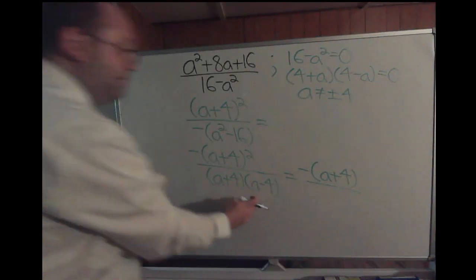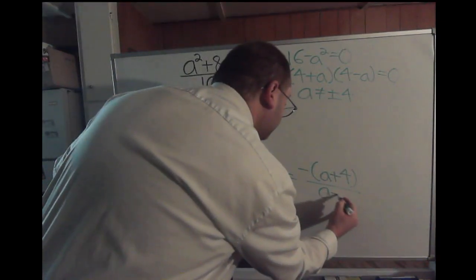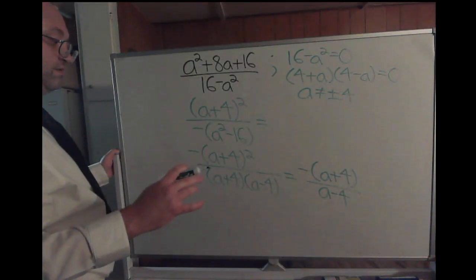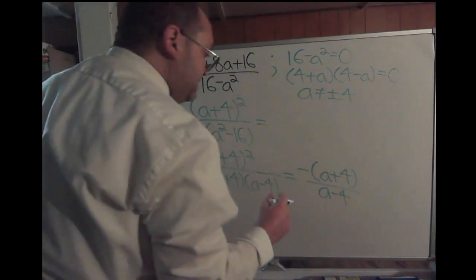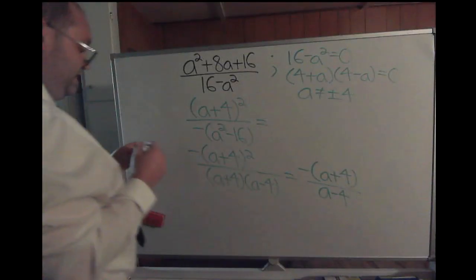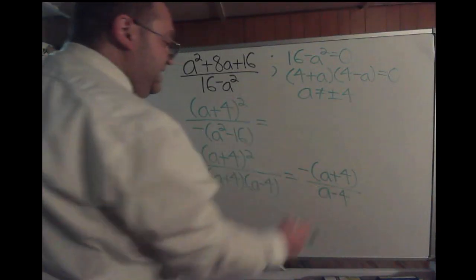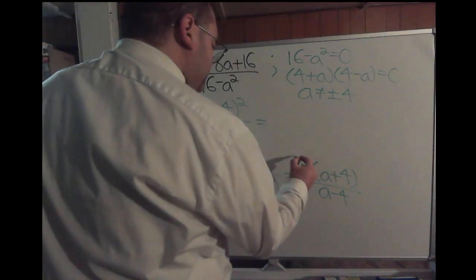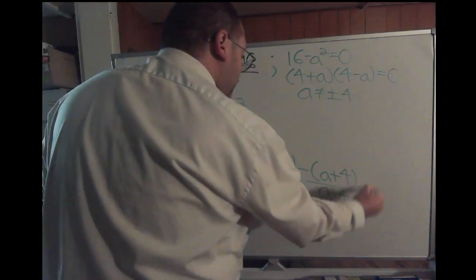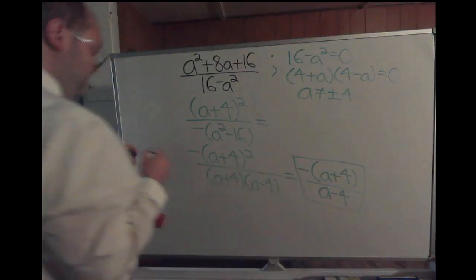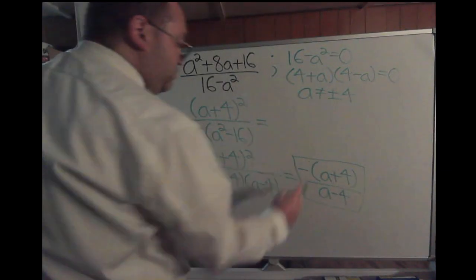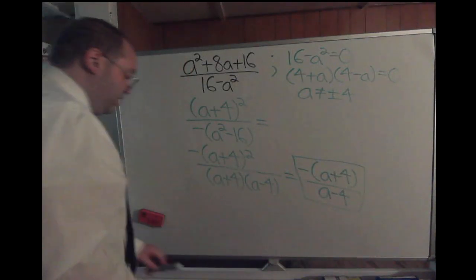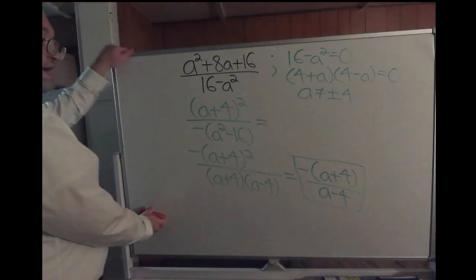It's gone in the denominator, but you have a minus 4 in the denominator. To simplify this one more time, well, you don't really need to distribute the negative. You just get negative a minus 4. So that's really as simplified as it's going to be. You would just get the negative times the quantity of a plus 4 all over a minus 4. That would be the simplification of this fraction.